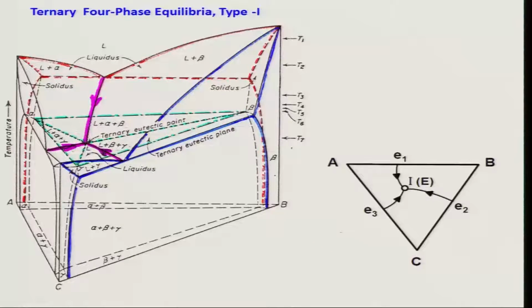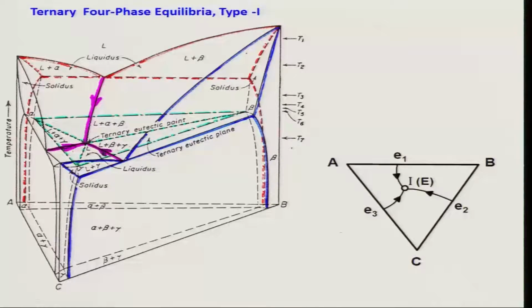Well, you see here very clearly, I am going to draw it also. AB has a eutectic given by this point, and this eutectic has terminal solutions alpha and beta on both sides.